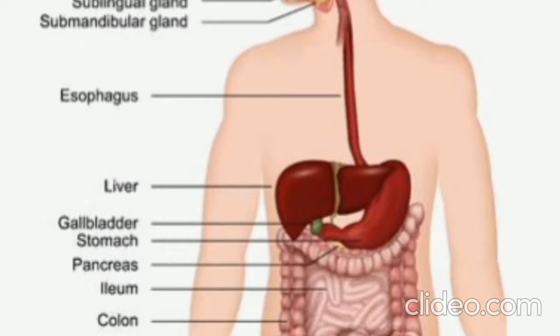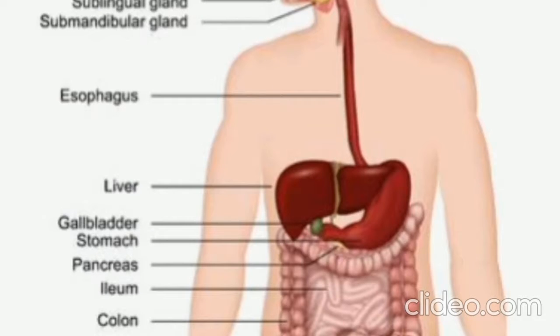Once the food is mixed with HCl, it will be directed to the small intestine where chemical digestion takes place. For this chemical digestion, our body is supported by two major glands.